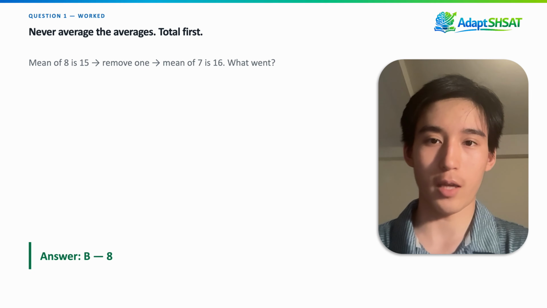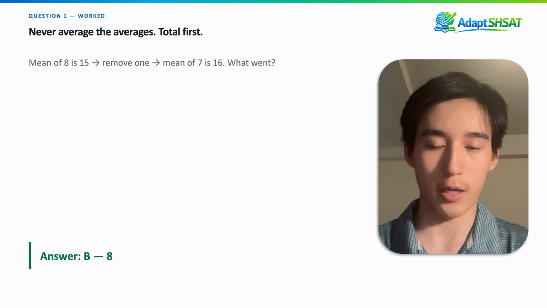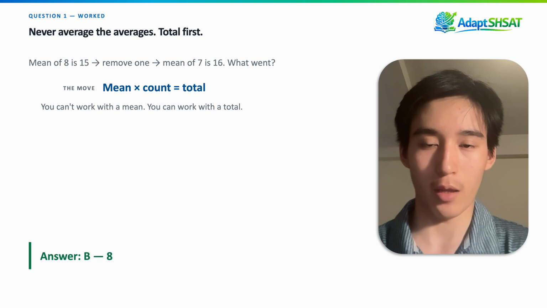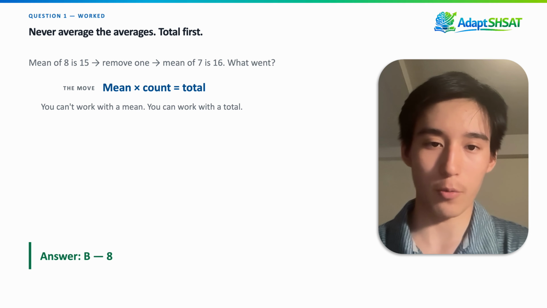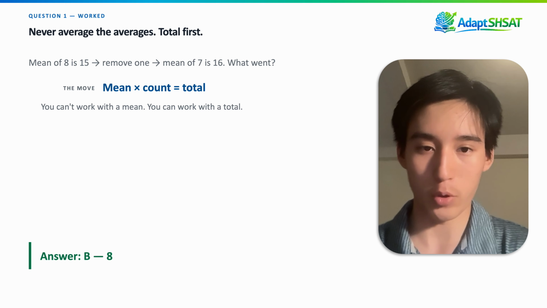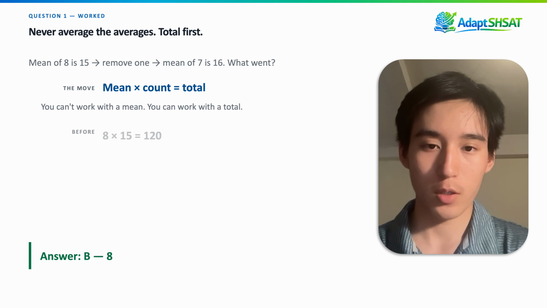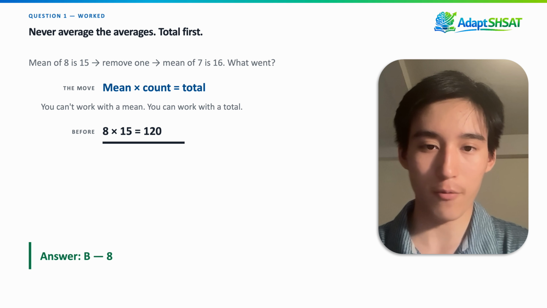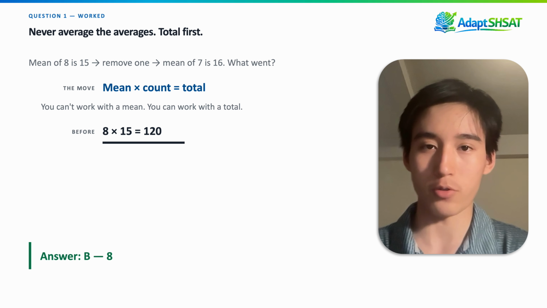So here's the move, and it's the same move for every other question like this on the SHSAT. First, the thing you need to know is that you can't really do anything with a mean. You can do something with a total, so you should turn every mean into a total by multiplying it by the count. Here we have 8 numbers and the mean is 15, so using that formula we get that the total is 120.